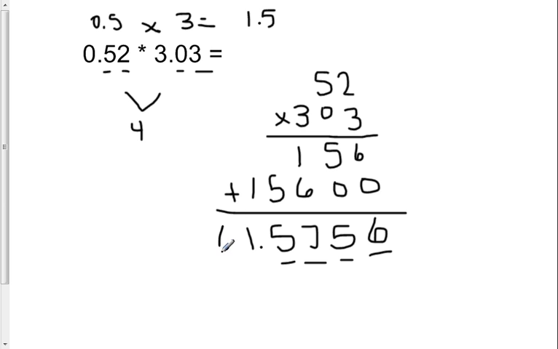And if I look at this, I'm right on to where my estimate was. So again, if I'm going to multiply this way, I count the number of decimal places in my factors, add those together. I must have the same number of decimal places in my answer.